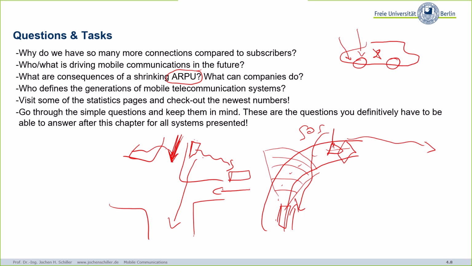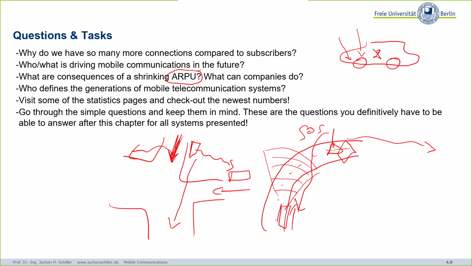So, if you reach 1 gigabit per second, you can call your system 4G. Usually the standardization bodies, like the ITU, do not force you to use a certain technology, a certain multiplexing technology, but they set certain goals. So at least 1 megabit per second, or at least 1 gigabit per second, or a maximum delay of 20 milliseconds, something like this. And this then defines the generations.